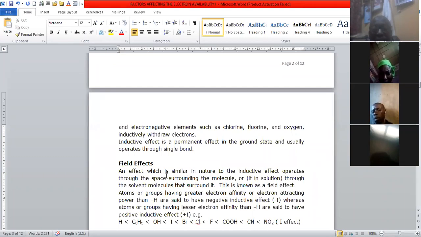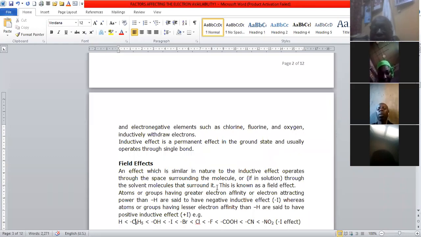Now, let me read this note here. An effect which is similar in nature to the inductive effect operates through the space surrounding the molecule, or if in solution, through the solvent molecules surrounding it. Are you getting it now?